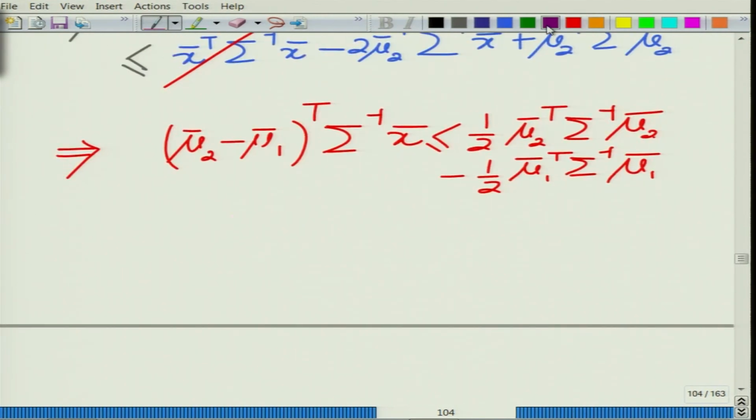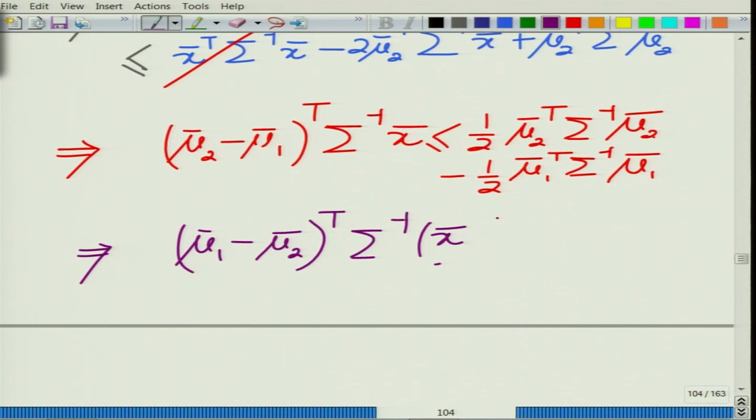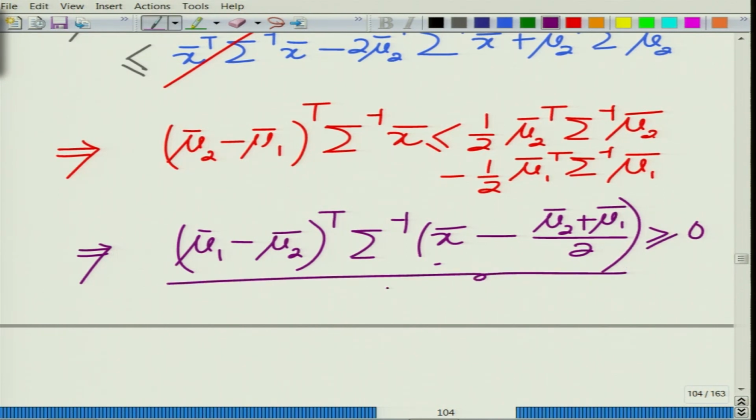Once again, after some manipulation, which is not very difficult to see, this is (mu 1 bar minus mu 2 bar) transpose sigma inverse (x bar minus (mu 2 bar plus mu 1 bar) divided by 2) greater than or equal to 0. So, choose C1 if this condition holds.